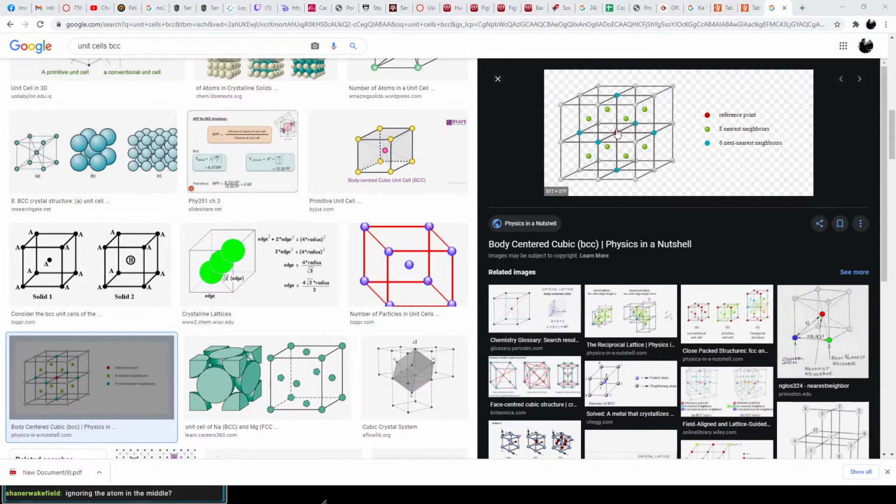So if we're looking at its nearest neighbors, as it says, they are going to be for the same type of atom. That's what we're looking at there. So the green one would technically be a different atom. For example, we're just looking at sodium. We're ignoring chloride.